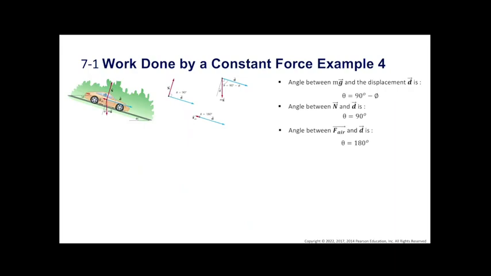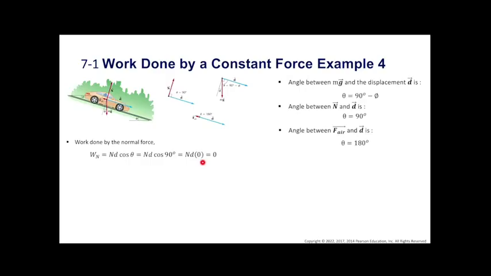Now there are three forces acting on the car as we discussed, and for each force we can calculate the work using W equals F d cos theta. First, the work done by the normal force. As we discussed earlier, the normal force and the displacement are perpendicular, the angle is 90 degrees, therefore it is 0.